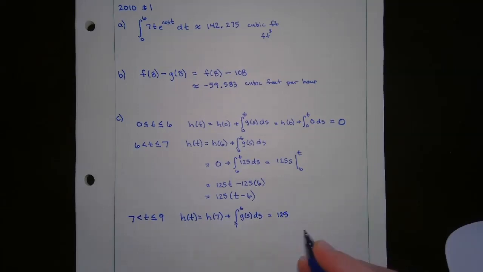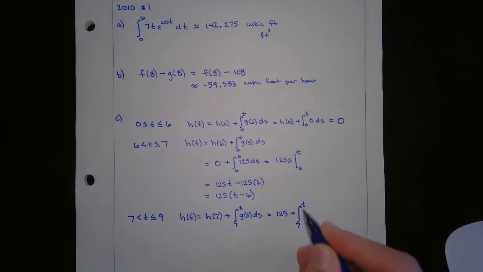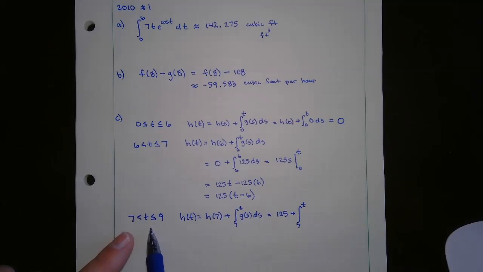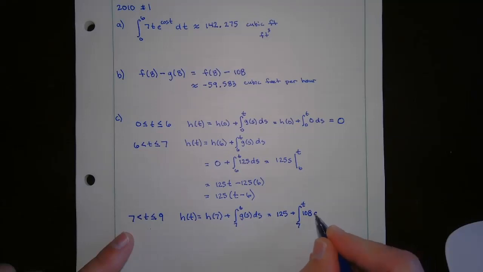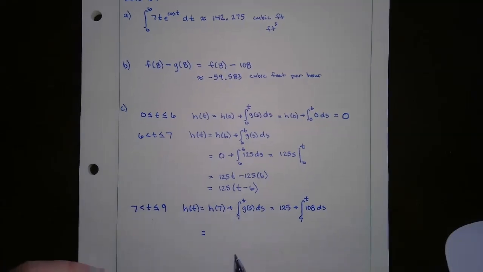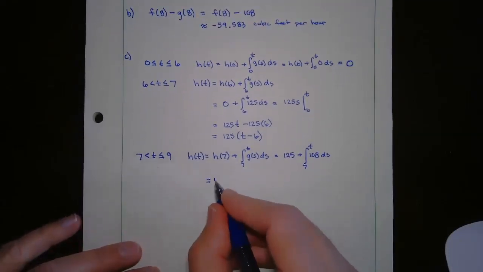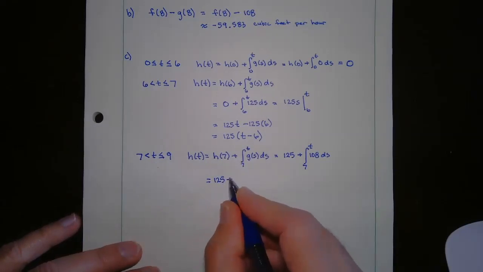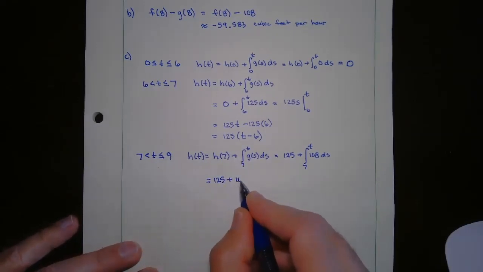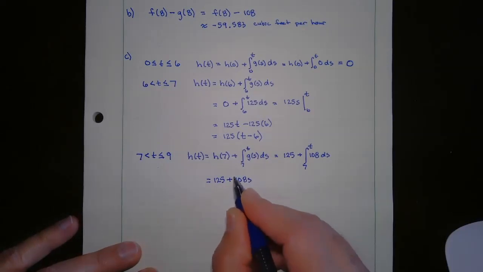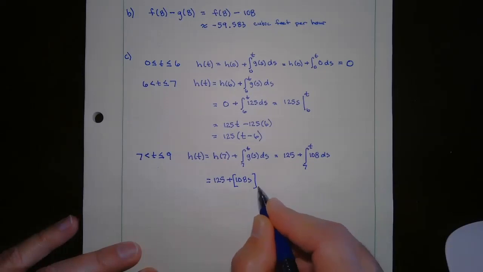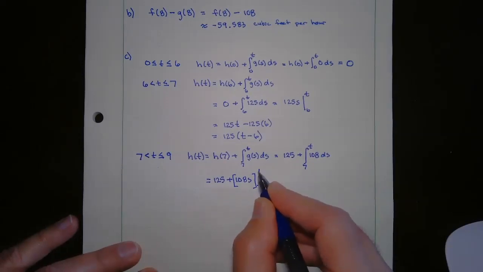So 125, plus the integral from 7 to t, and from 7 to 9 our g function is 108. So this would be 108 ds. This would be 125 plus 108s, and we want to evaluate that from 7 to t.